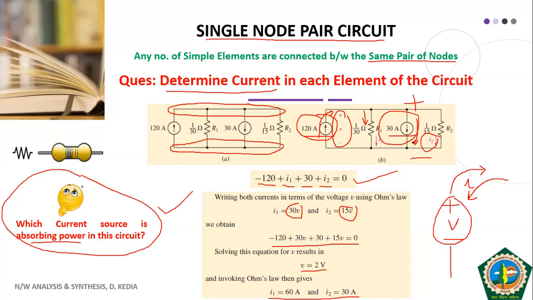And if that is the case, it means it is absorbing power. So it is the 30 ampere current source which is absorbing power here. This is one important concept that I wanted to tell you in this numerical.